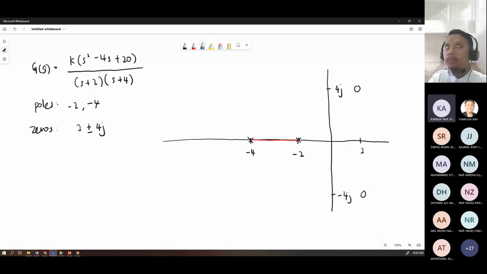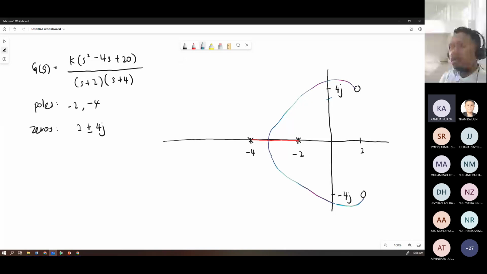Now we can somehow sketch the final shape and get the idea how the root locus will look like. The root locus will start here from poles, and then it will break somewhere in between here. Let's say it breaks here, and then after the break, it will cross the j omega axis, maybe cross here, depends, and then meet the zero.